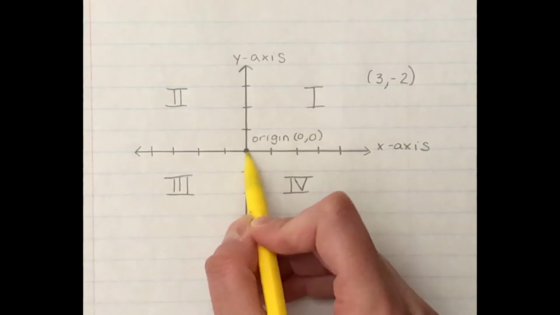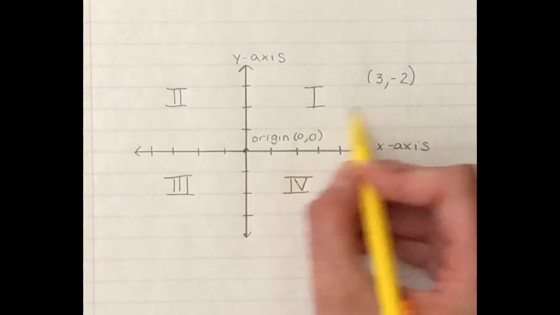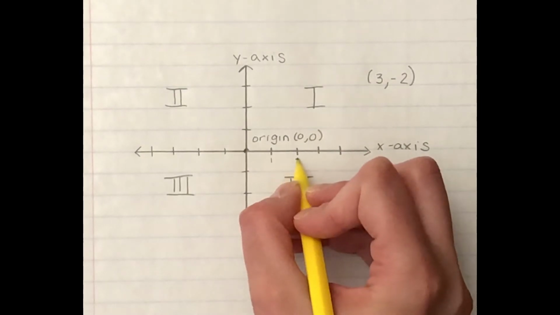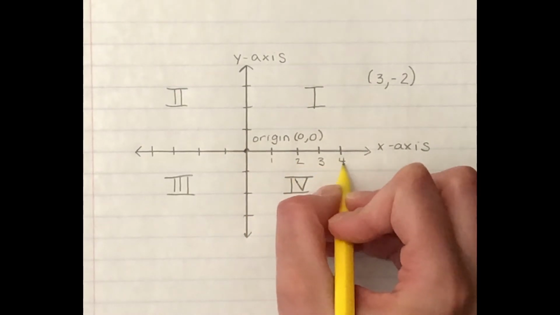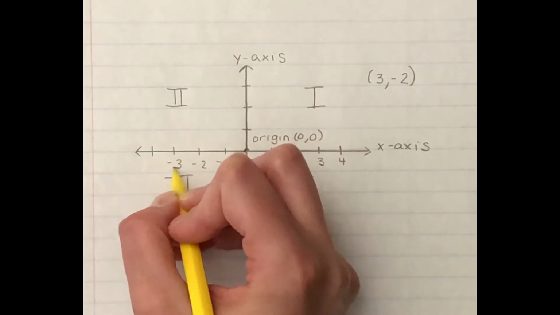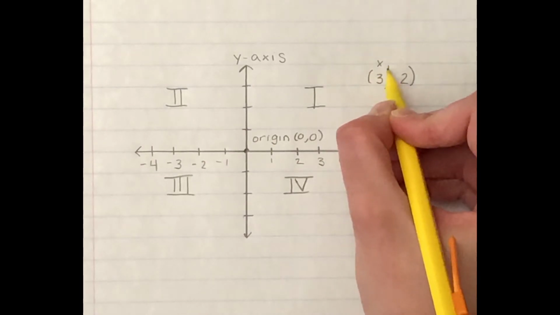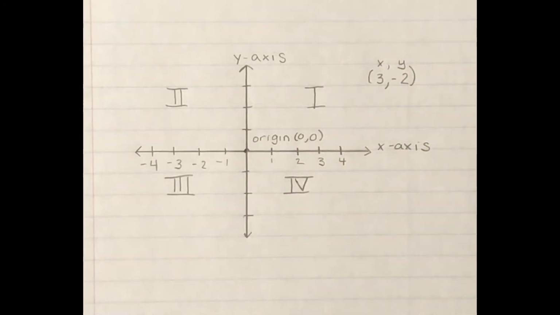So we're going to start at the origin, and I always have to move right or left first. These are our positive numbers over here on the x, and these are the negative numbers on the x. So we are going to move first across the x-axis and then up or down on our y-axis.